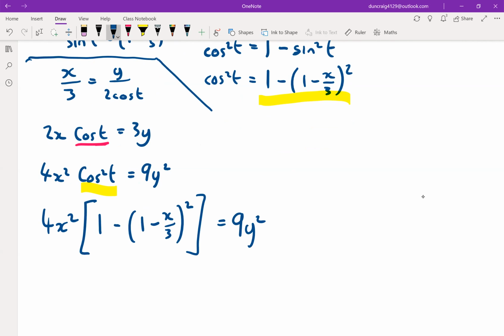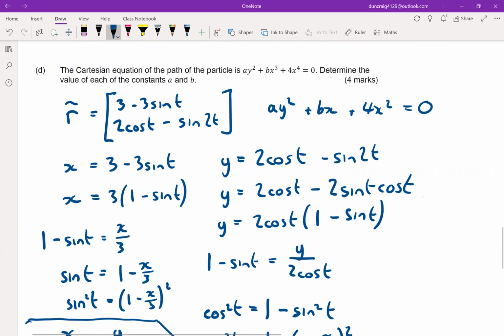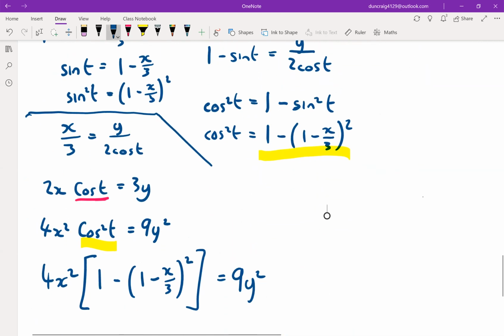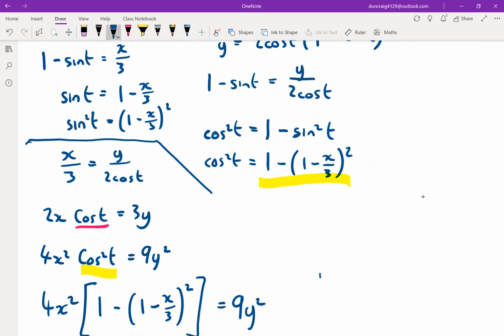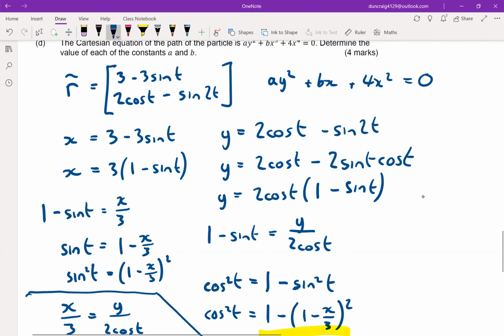Cool. Alrighty. Now this sort of looks like we're on the right track. Now keep in mind, we want to get a y squared.